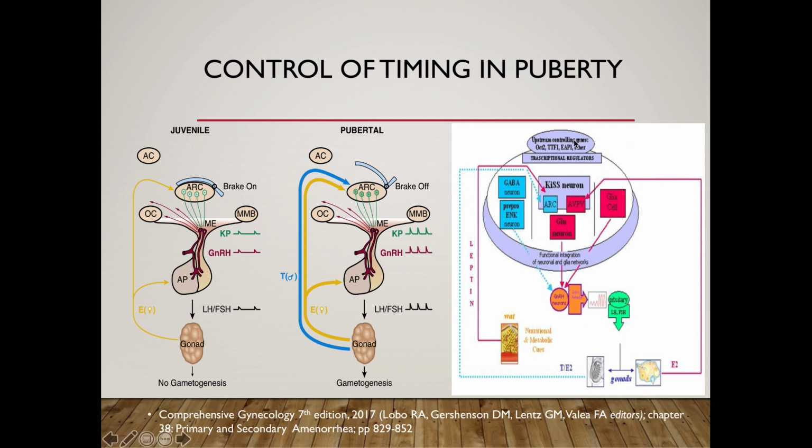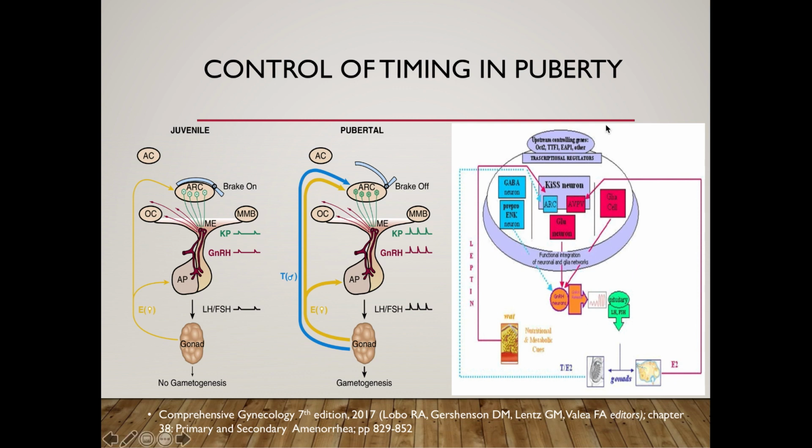As you can see here, there are multiple levels of GnRH neurosecretory control of the onset of puberty. First, we have the upstream controlling genes. We also have the Kiss1 system, and of course, the functional integration of the neuronal and glial network.